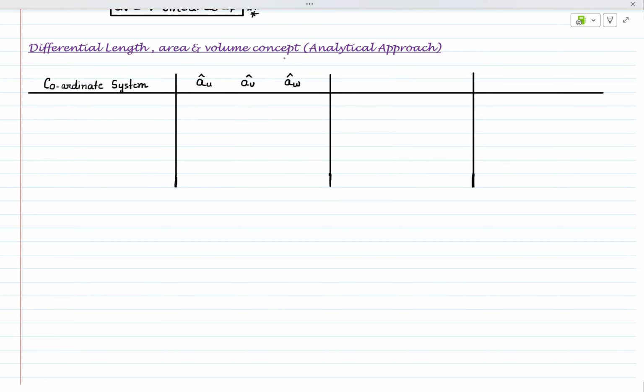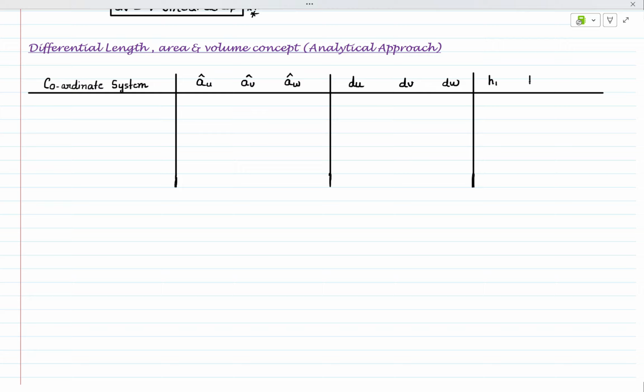I am trying to write the generalized form over here. After that, I will write the individual forms in case of each and every coordinate system. And the differential lengths, du, dv and dw, will be written in this column.